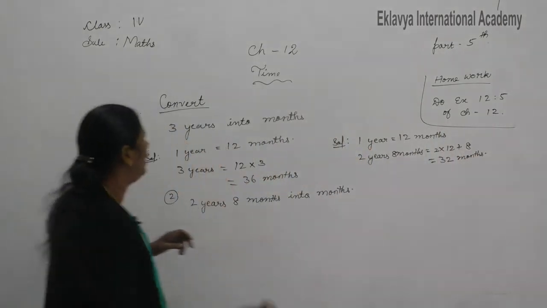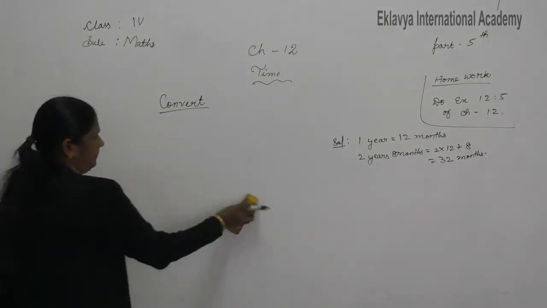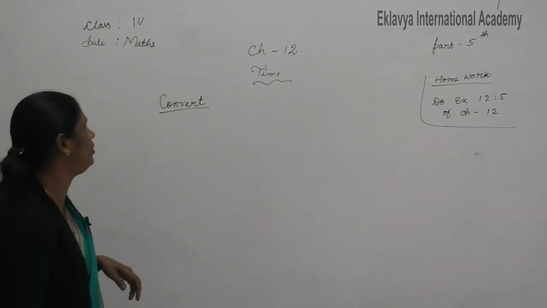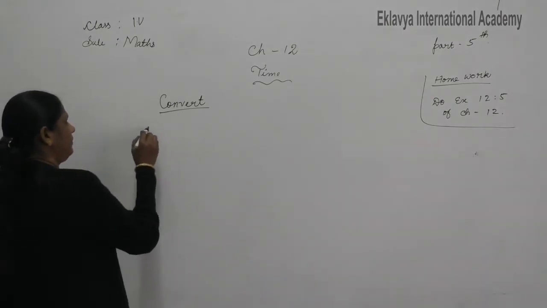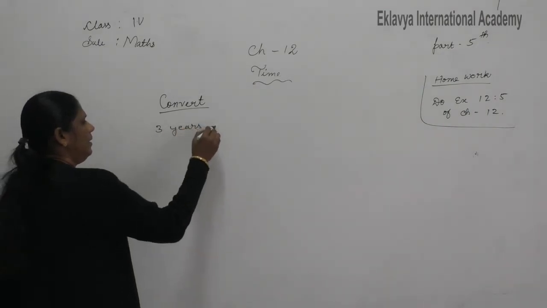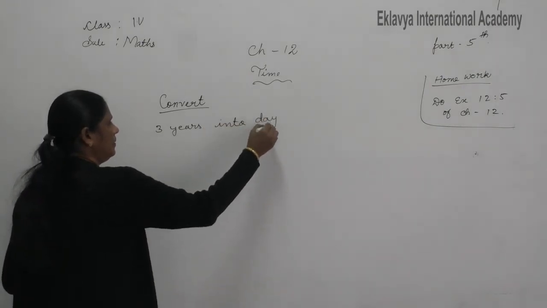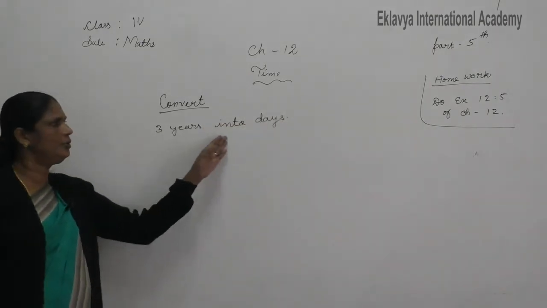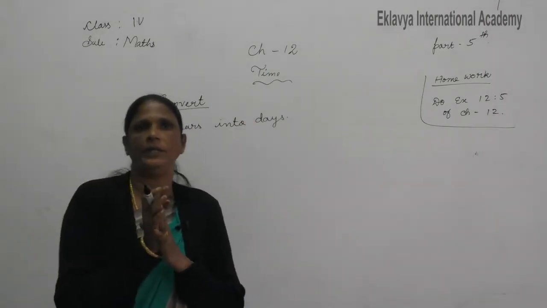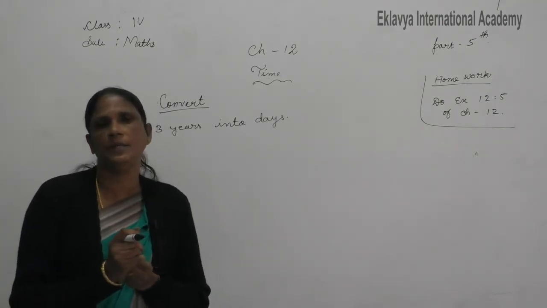Now convert year into days. 3 years into days. 1 year, in the ordinary way, is equal to 365 days.